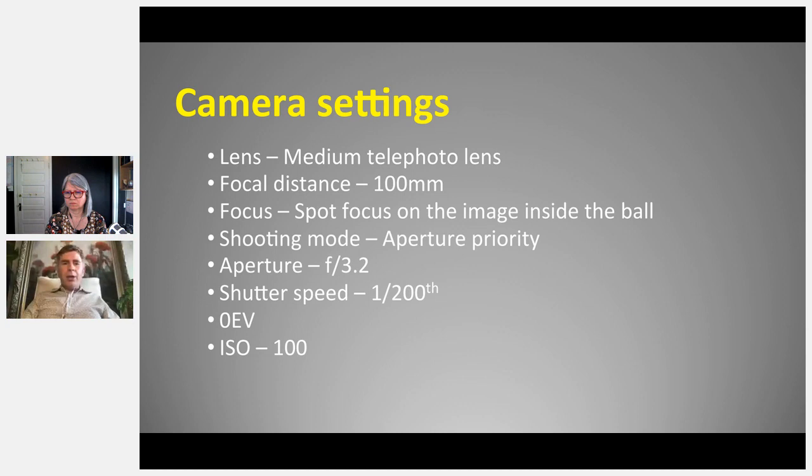So how do I achieve focus? Usually it's a good idea to focus on the very middle area of the ball. That's the area that will have the sweet spot focus within the ball. If you try and focus on the outside area, you'll get distortion. So don't do that. Focus on the middle area of the ball.